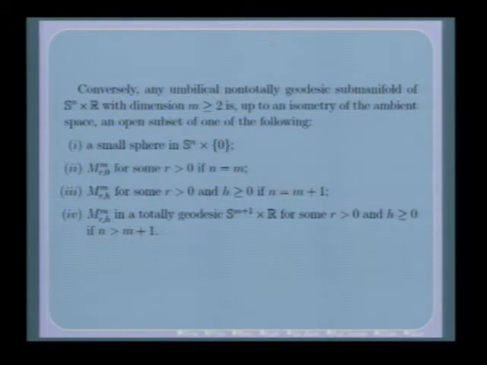So I think the most interesting part is this one, which just says what I have just told you. This two-parameter family gives you representatives of all congruence classes of submanifolds in those product spaces.